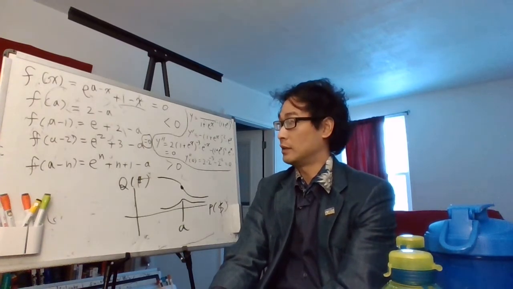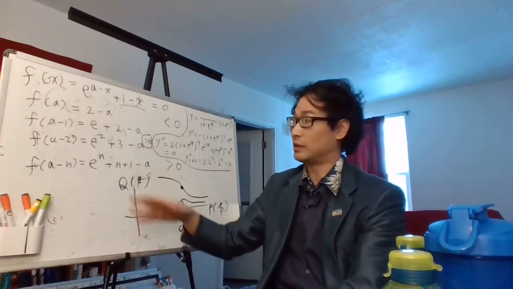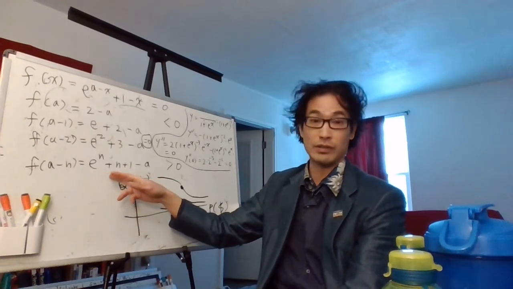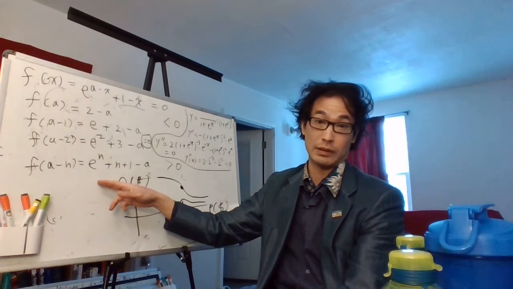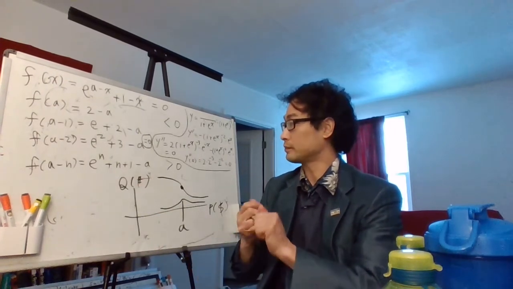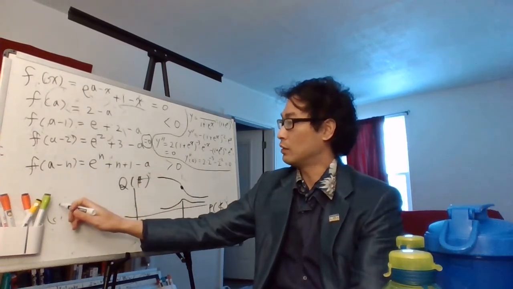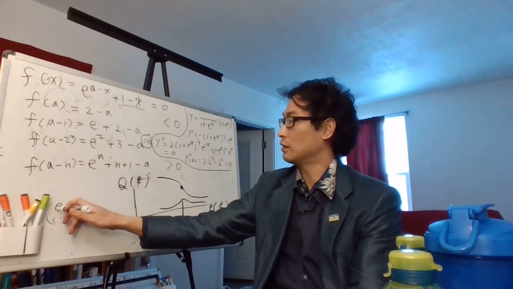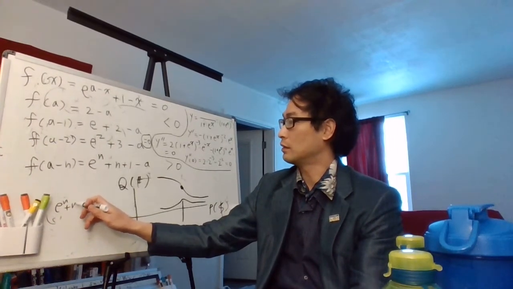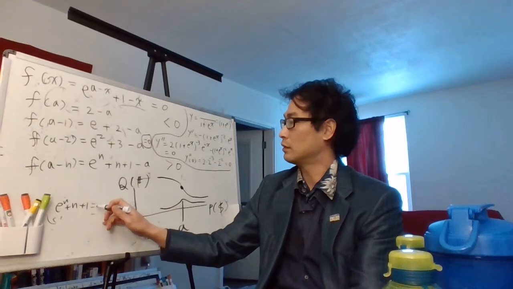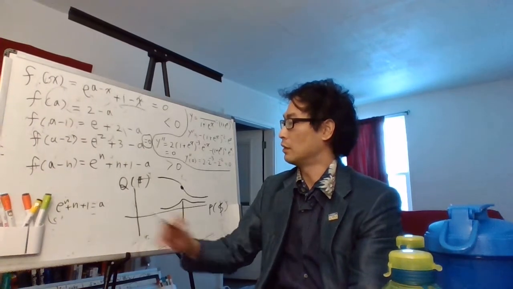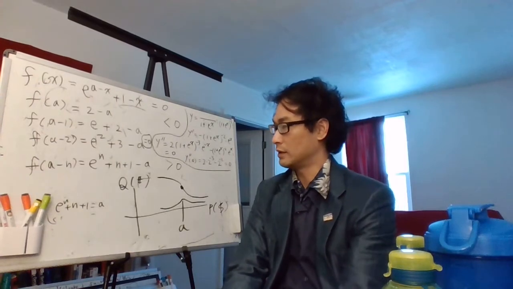The tangent. So the derivative of the revenue function, that's what we're dealing with here. So if this whole thing becomes zero, this is what a looks like.